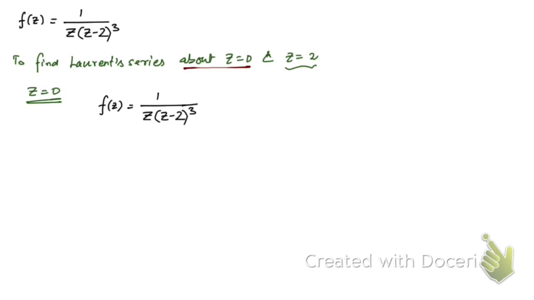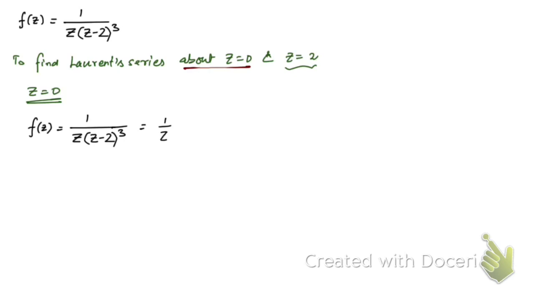Now you see it can be written this way: 1 by z into (z minus 2) whole to the power 3. Now we have to take common 2. Actually we're going to take minus 2 common from here.